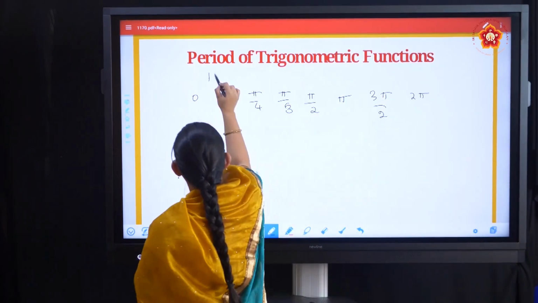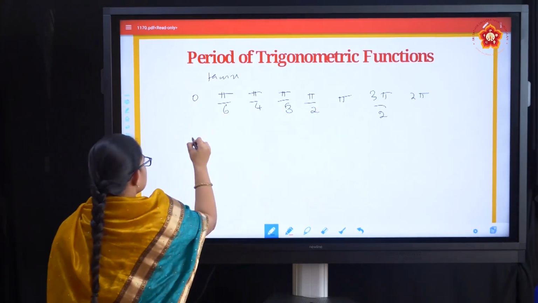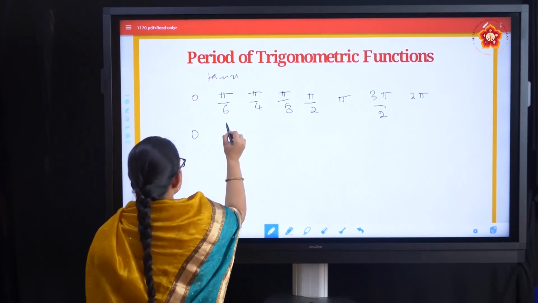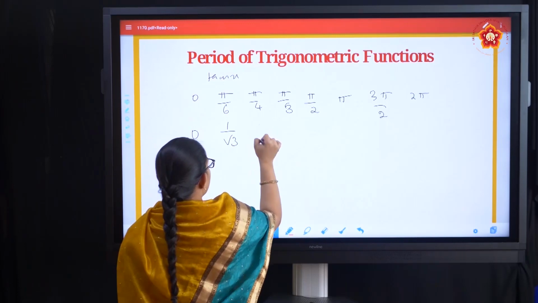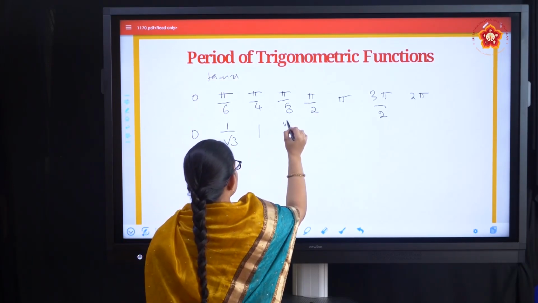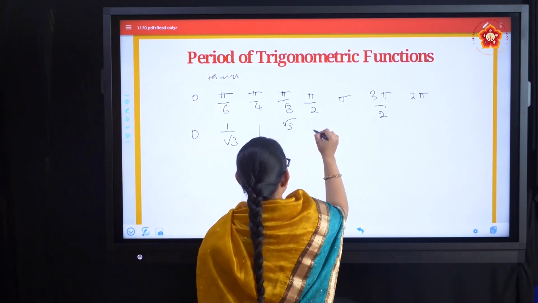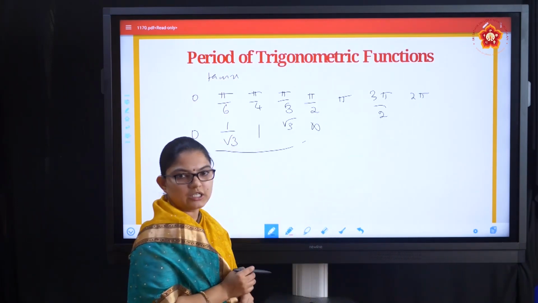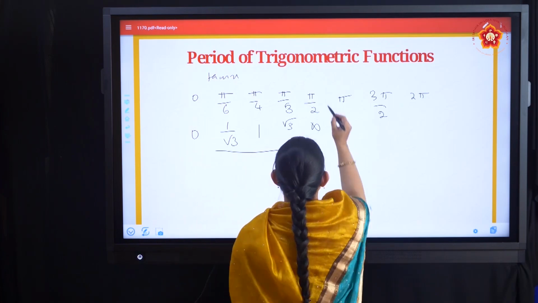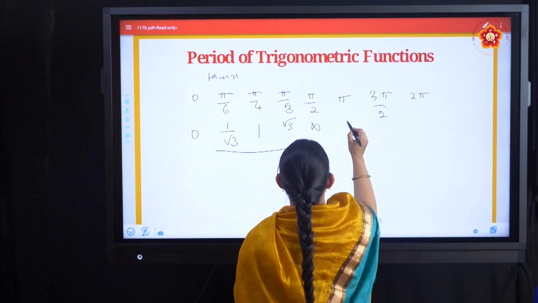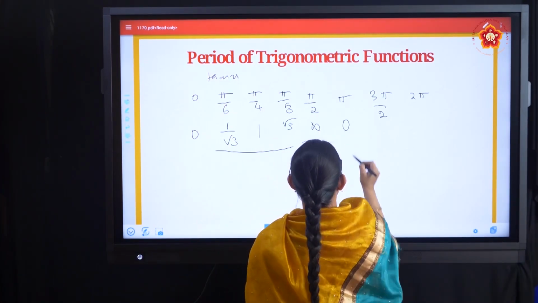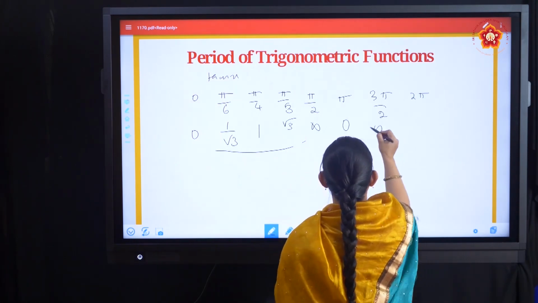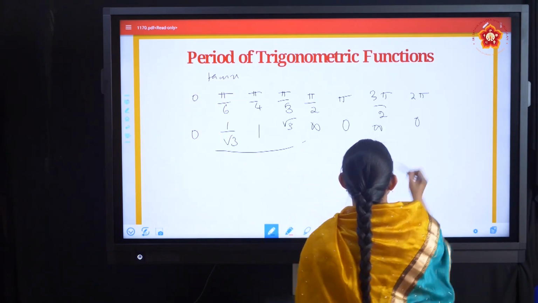coming to the value of tan x, we know that tan 0 is 0, tan pi by 6 is 1 by root 3, next we have 1, next we have root 3, next we have infinity, that is from here to here it covers all the positive real numbers. Next, coming to the second quadrant, tan pi is 0 and at 3 pi by 2 again it is infinity, now again it is 0.